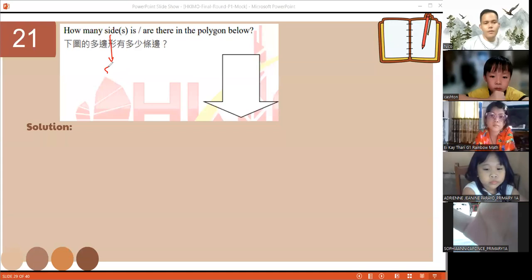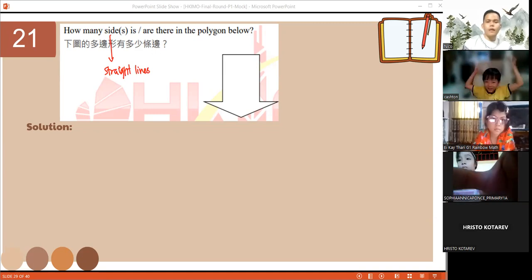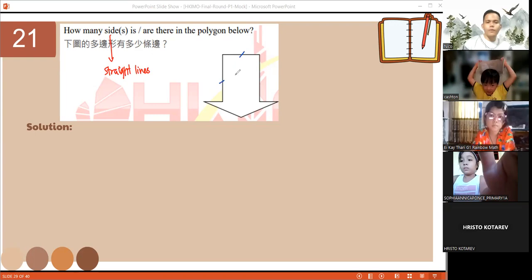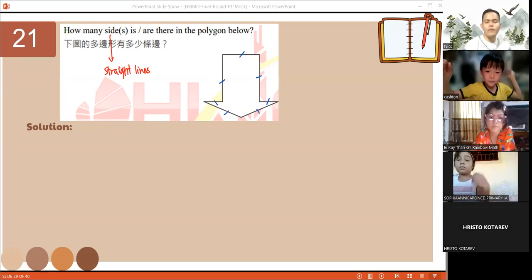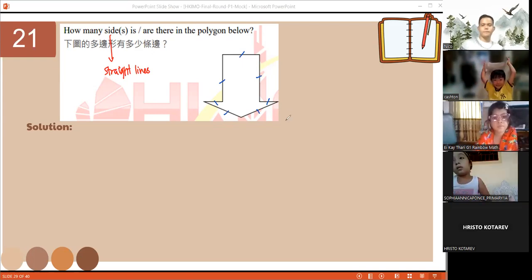Sides here are straight lines. So what are the straight lines here? So let's count. You have 1, 2, 3, 4, 5, 6, 7. So there are 7. So the answer here should be 7. Okay?